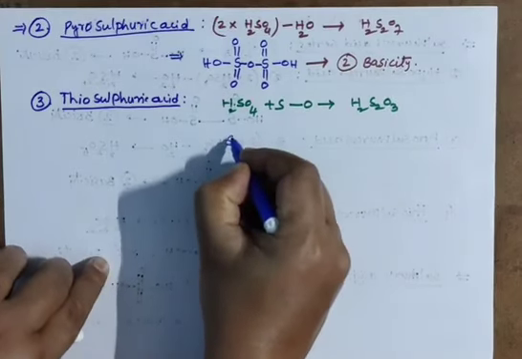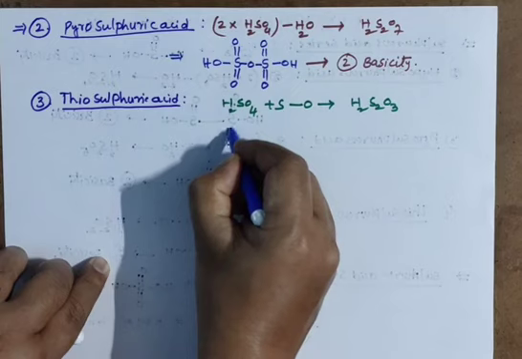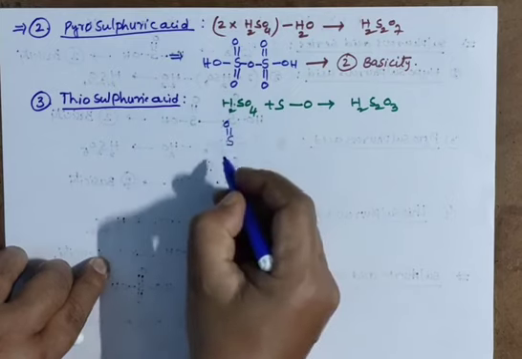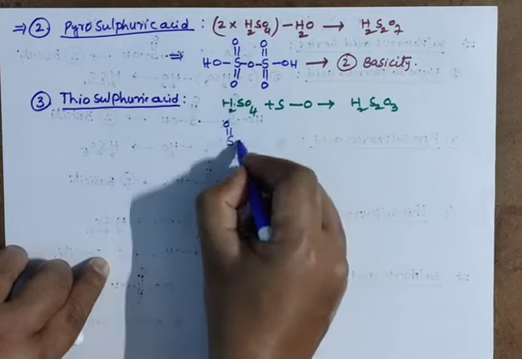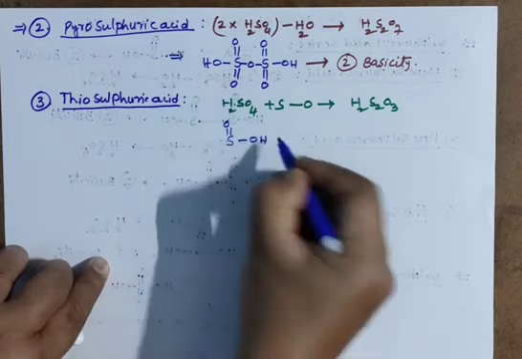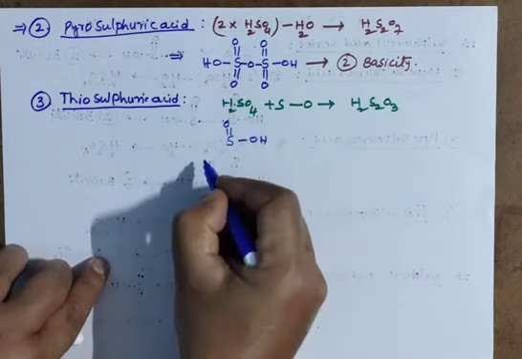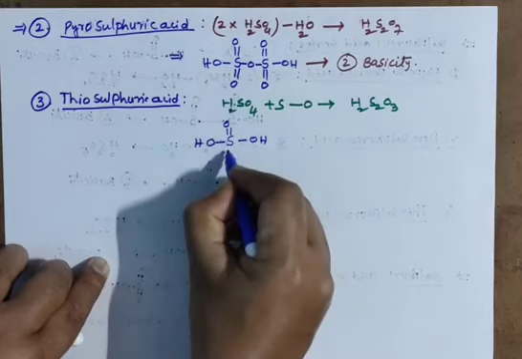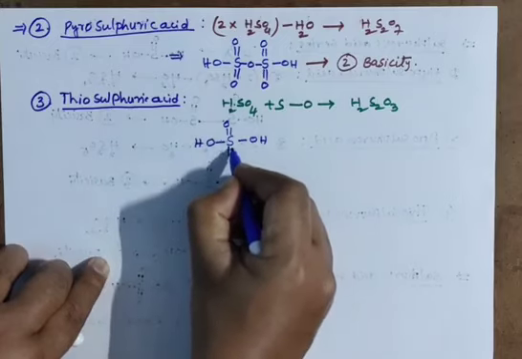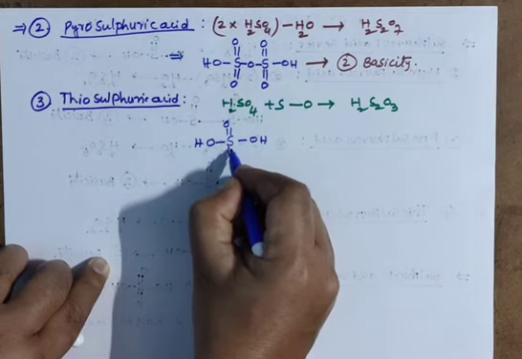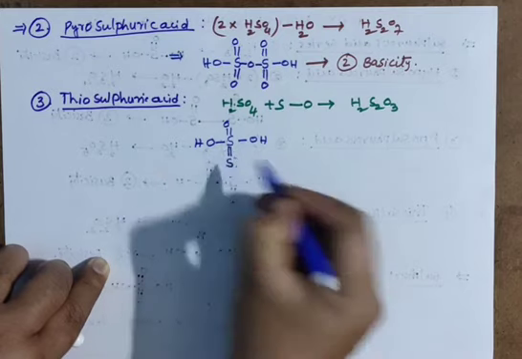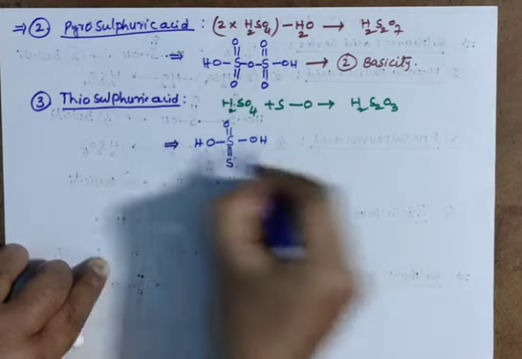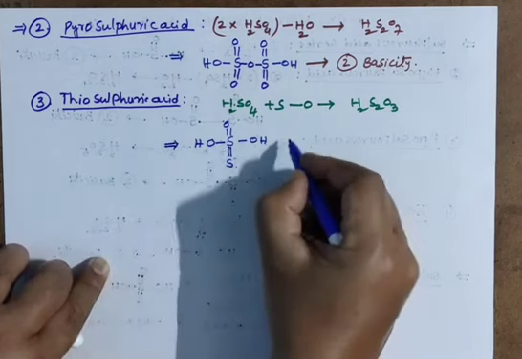S double bond O. S double bond O, bond OH, and here OH. And here you have tried double bond O S. Now how many OH groups are there? 2.